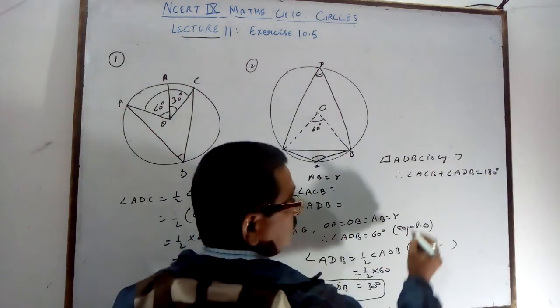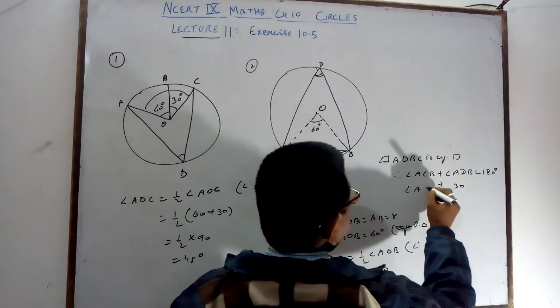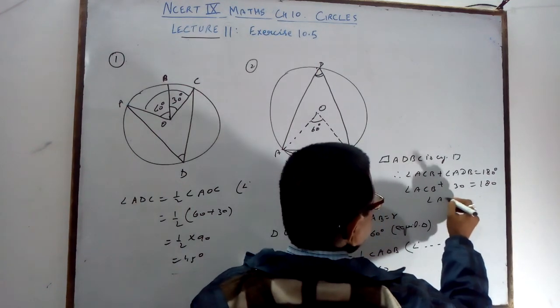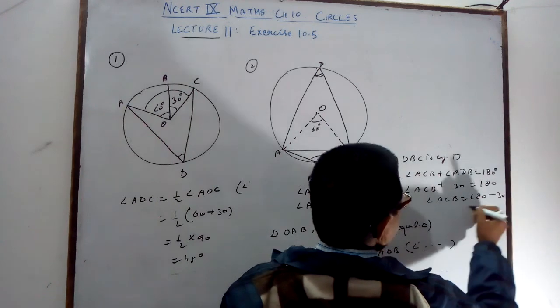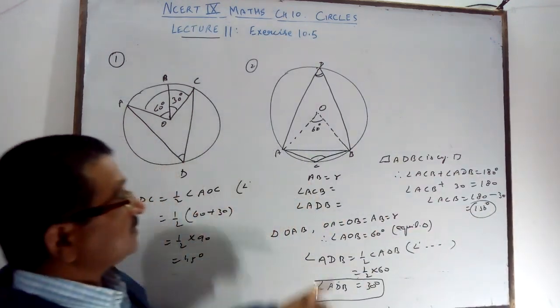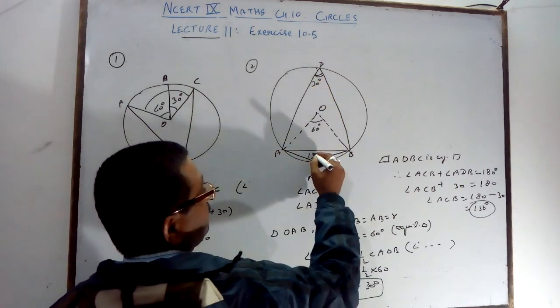So by this also you can get, because you are getting 30 degrees, ACB is equal to 180 minus 30, which will be 150 degrees. Another answer. Two answers you are getting: 30 degrees and 150 degrees.